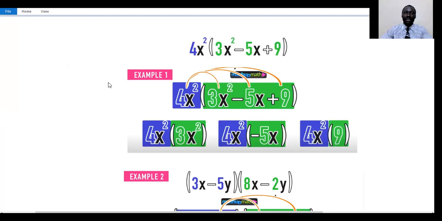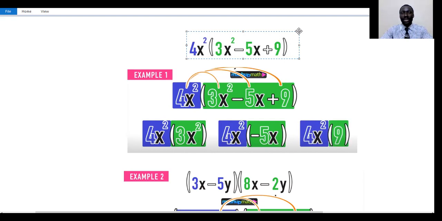Now, in this first example, we have been given this, and that is what we have to multiply. We are supposed to multiply 4x squared with all the quantities inside the bracket, that is 3x squared minus 5x plus 9.